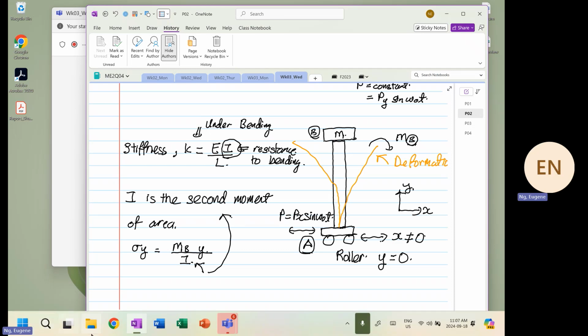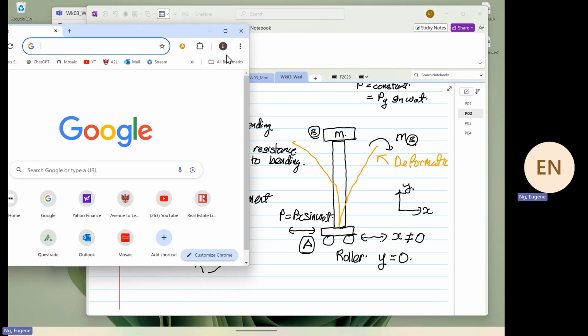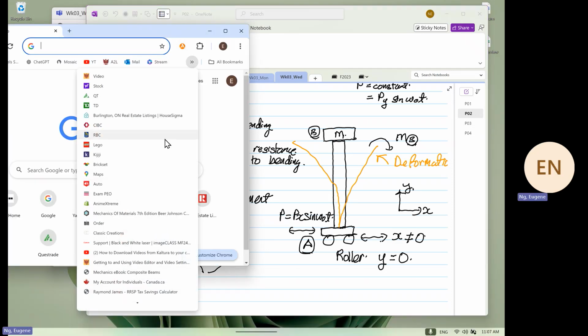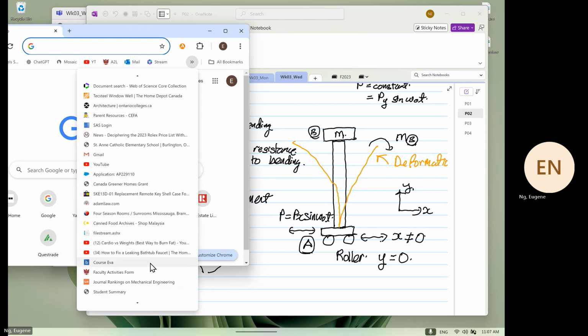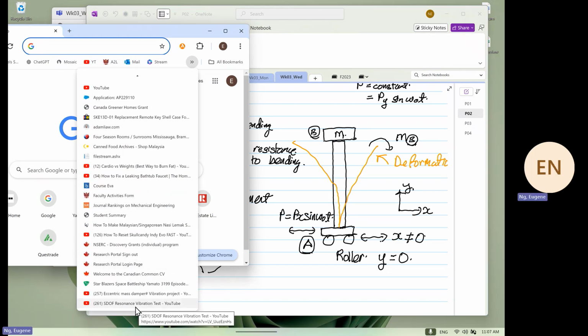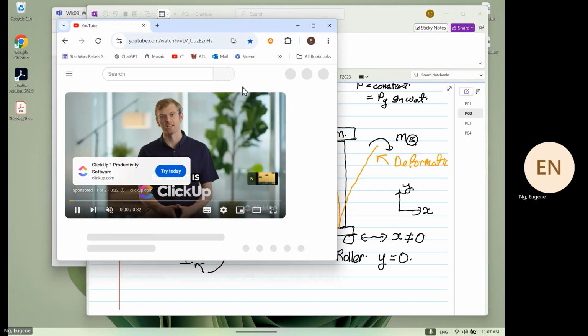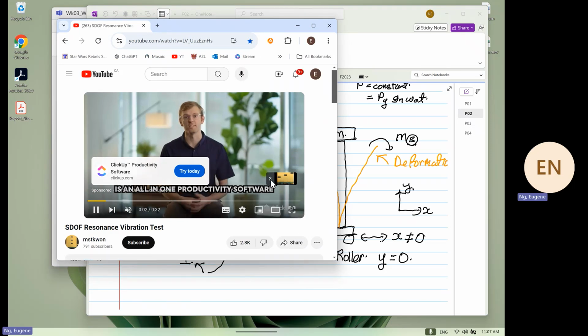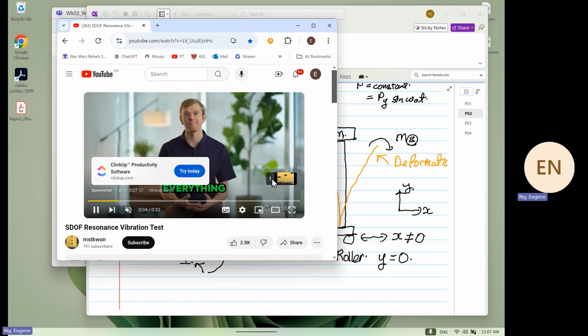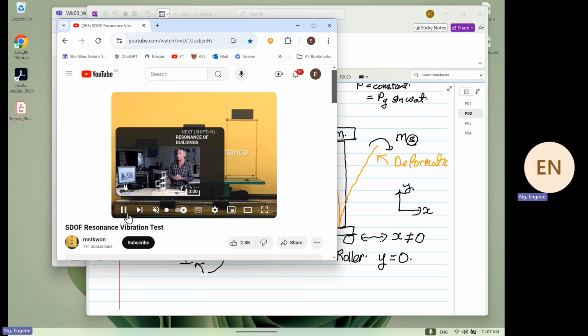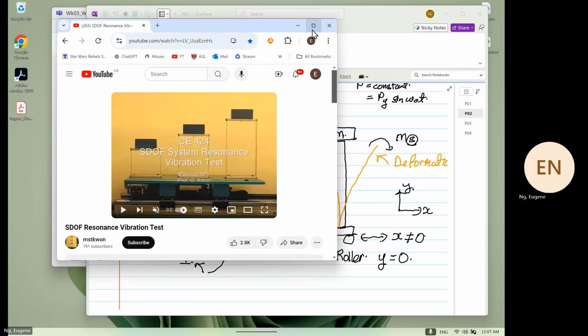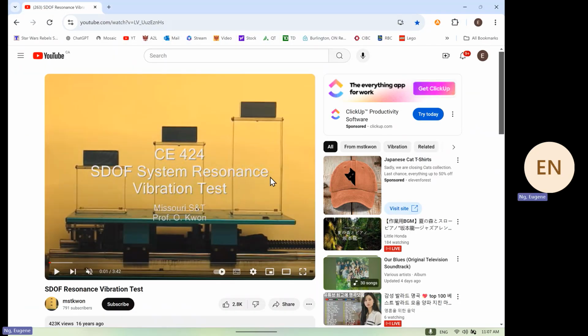So if you want, with this structure over here, what if now, like what I showed you before, we were told, okay, you have to use the same beam. I want you to increase the actual frequency.